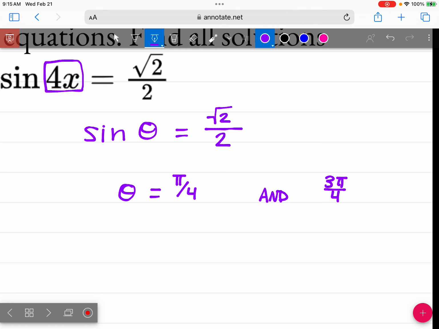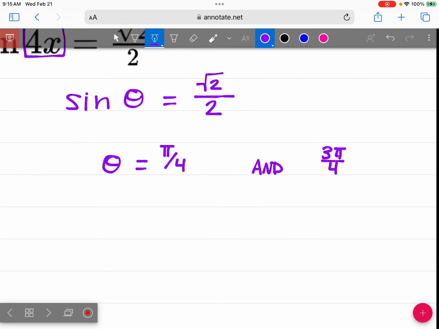Both of those have a square root of 2 over 2 as our sine. So we're going to include that coterminal thing. So we're going to also add our 2 pi n and our 2 pi n.